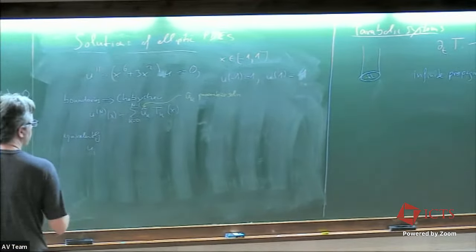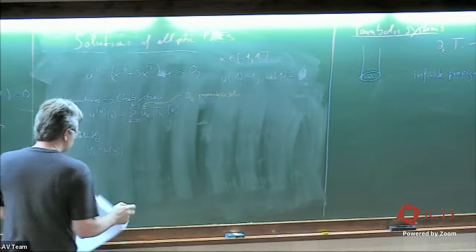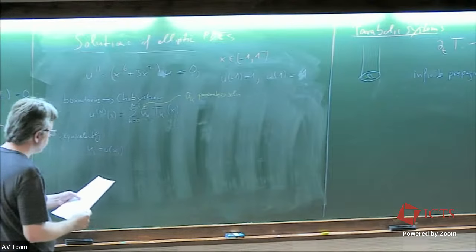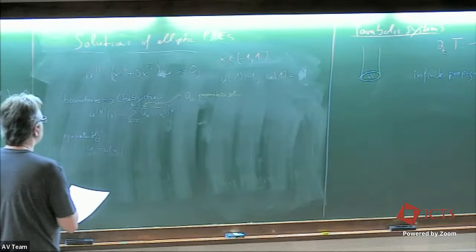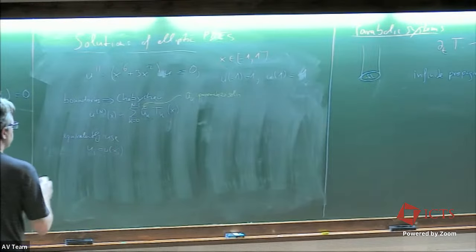So u_i are the values of u at x_i. You can also use those to parameterize the solution.